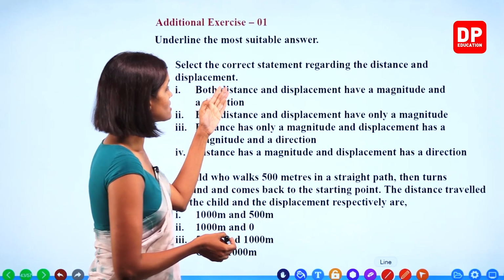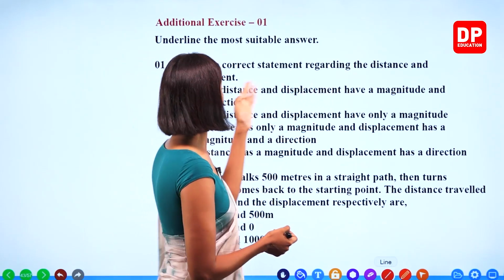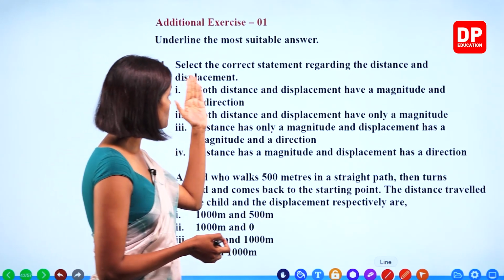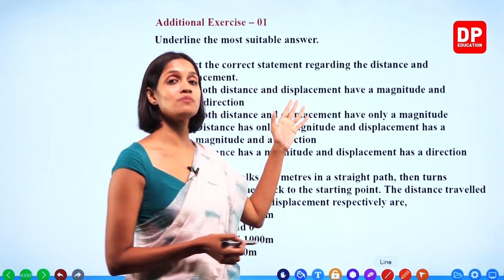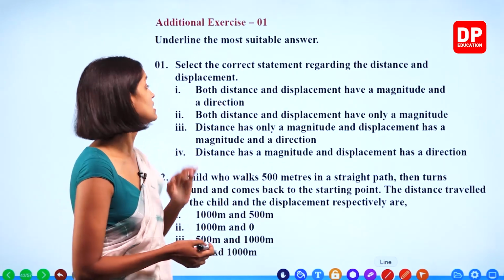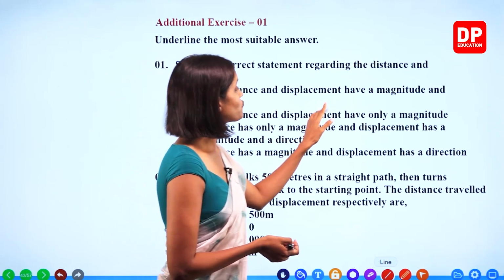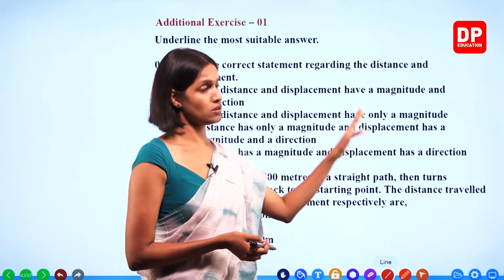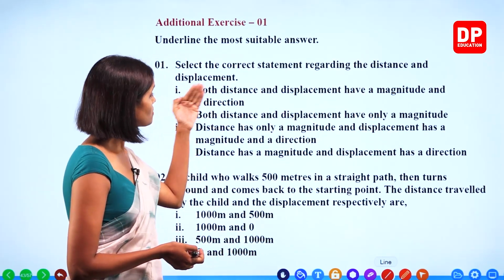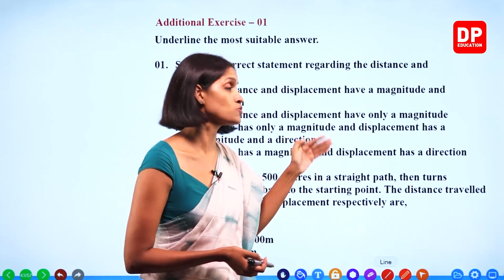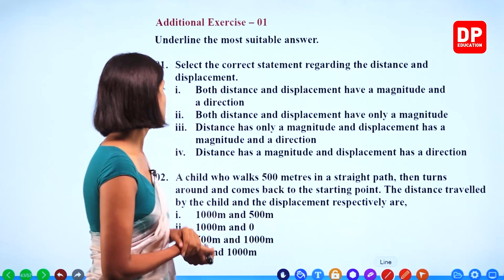Both distance and displacement have a magnitude and a direction. Is this correct? No. Only displacement has a direction, but distance does not have a definite direction. Both distance and displacement have only a magnitude. They both have magnitude, but in addition, displacement has a direction too. So it's not only a magnitude.